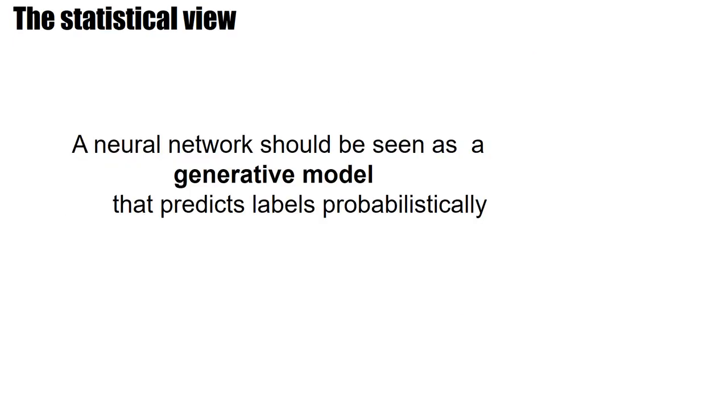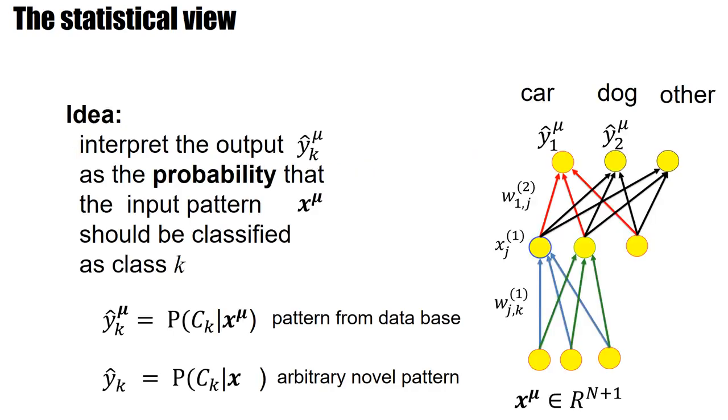And to do that, we have to take the statistical point of view. We have to say the neural network must be seen as a generative model that predicts the labels, and it does so in a probabilistic fashion. So now let's work on this. I have my input data. I always put an extra input so that I have the thresholds explicitly. And then I have my different outputs, cars or dogs or something else.